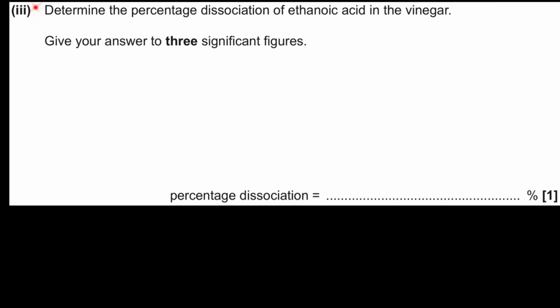4.76. Part 3. Determine the percentage dissociation of ethanoic acid in the vinegar. Give your answer to 3 significant figures. Well, we need to know what percentage dissociation is. Percentage dissociation is equal to the concentration of H+ divided by the concentration of the acid, in this case ethanoic acid, times 100.